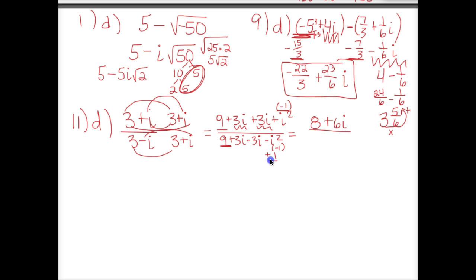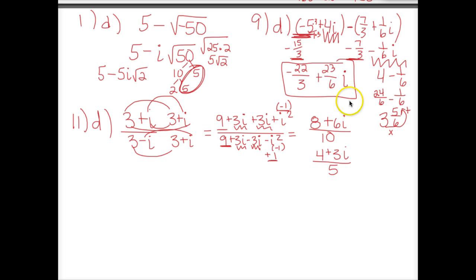So 9 plus 1 is 10. 3i plus negative 3i is 0, so those cancel out, which they should when you're multiplying complex conjugates. My final step is to divide everything by 2 because they had a common factor. So 4 plus 3i over 5.